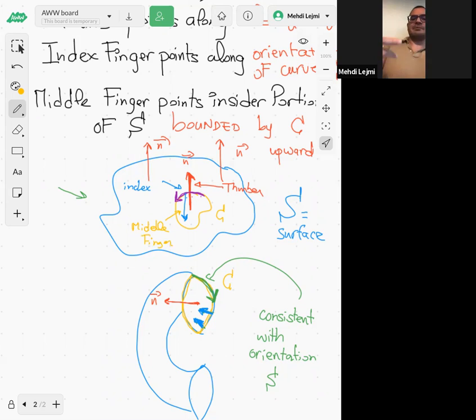So in this first example, this is my thumb, my normal vector, and my index points along the orientation of the curve C. When you curl your fingers, you get exactly the orientation given by these three vectors: the normal, the orientation of C, and the middle finger, which points inside the portion of S bounded by C.